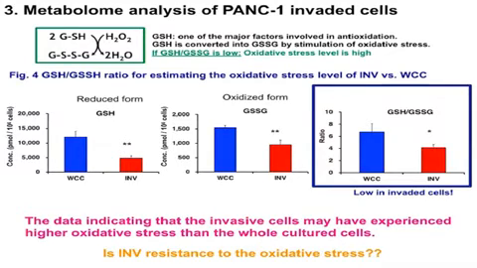The ratio was higher in PANC-1 invaded cells, which suggests that invaded cells use NOS more than arginase to metabolize arginine. In addition, the ratio of citrulline to arginine, the indicator of NOS activity, is also higher in invasive cells.